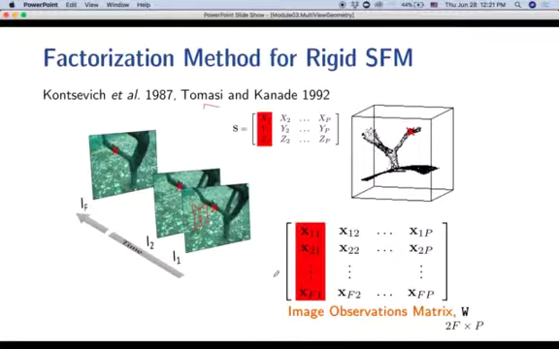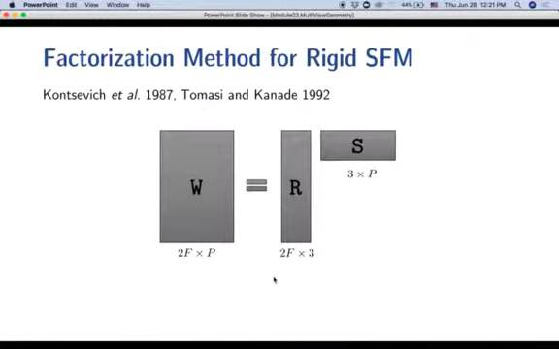All right. So what do we do now? This is my model. I'm given W. I want to find R and S. Now I'm going to the third stage. The first step was I defined some notation so that I can talk about these entities.